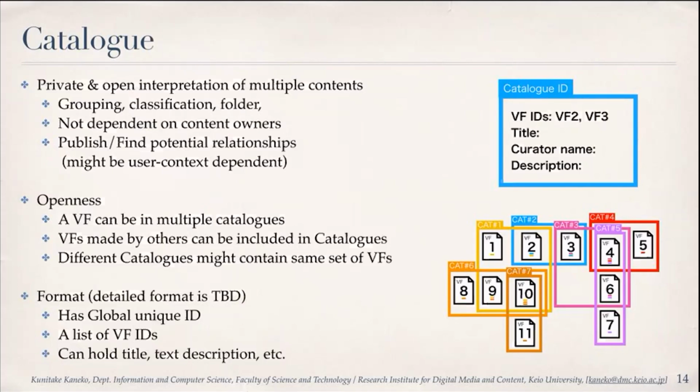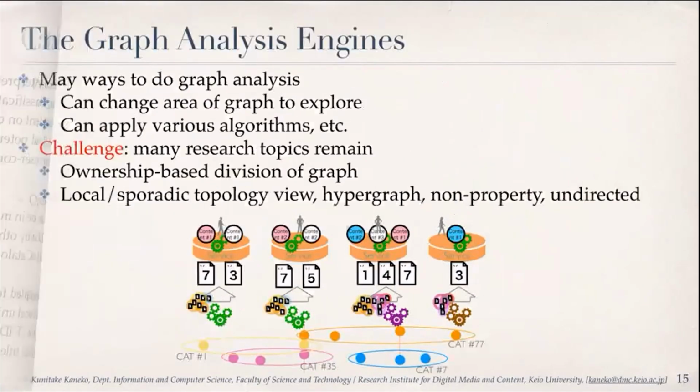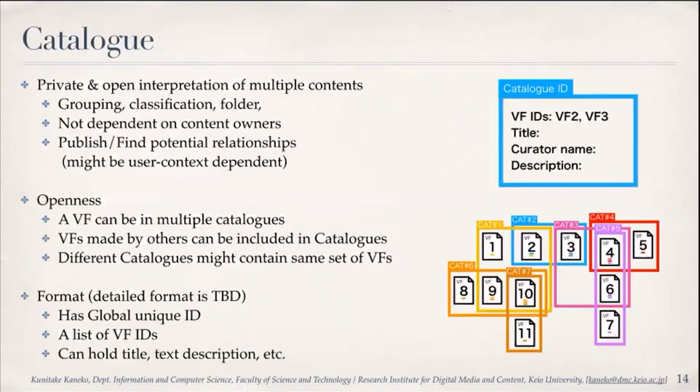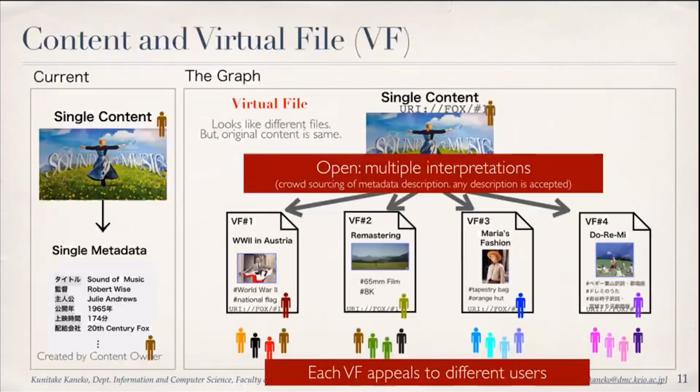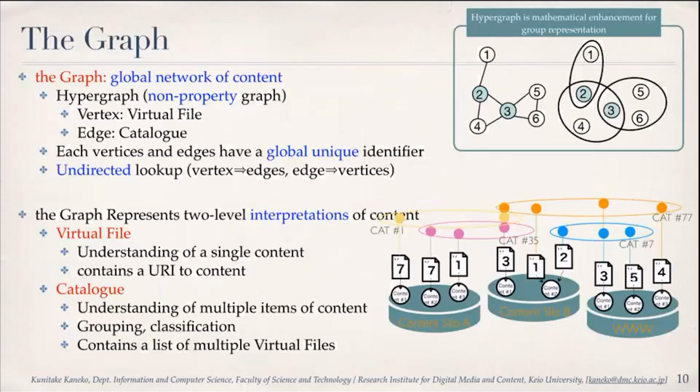Of course, the content owner may want to make the catalog, but you can also make it. So now, combining the budget files and the catalog, you have the graph. Okay, back to here: budget file, catalog, making a graph.